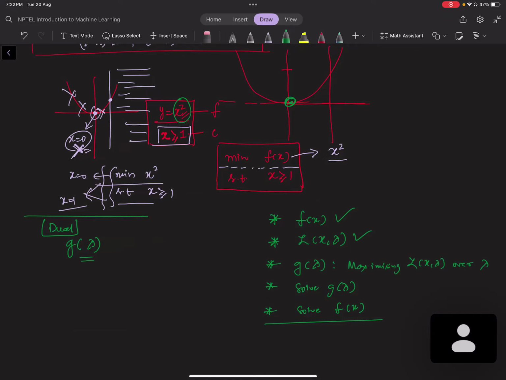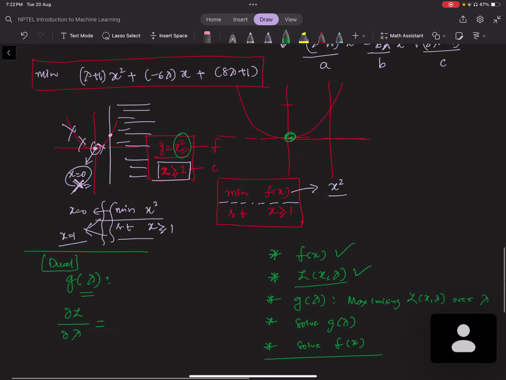So for finding g of lambda, what should we do? We need to maximize this one. How to maximize it? Take del L by del lambda. What is our L? L equals lambda plus 1 times x square, minus 6 lambda x, plus 8 lambda plus 1.